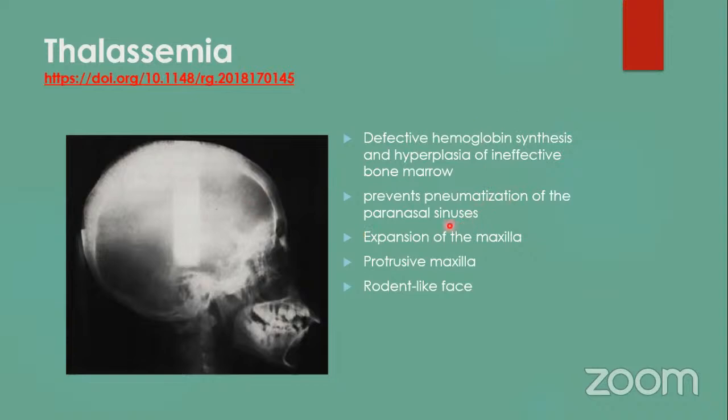And another thing that can occur is that when the maxilla is still growing, you do not have the pneumatization of the paranasal sinuses, because now we are having this hyperplastic bone marrow. Then you have the expansion of the maxilla, so it ends up as a protrusive maxilla.